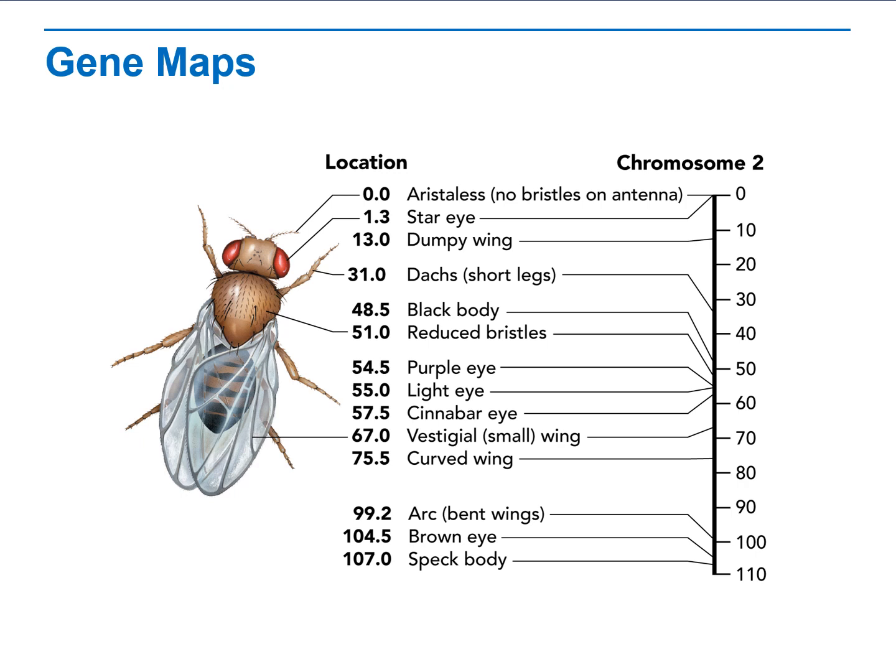Sturtevant reasoned that he could use the frequency of crossing over between genes to determine their distances from each other. This was long before scientists were able to use the high-tech equipment we can use now to analyze the location of genes.